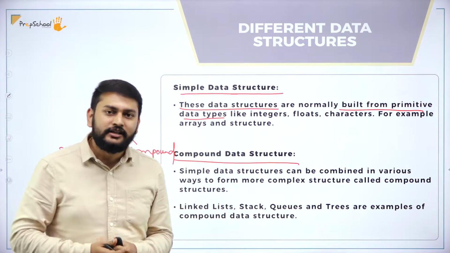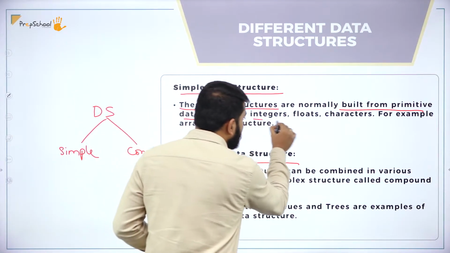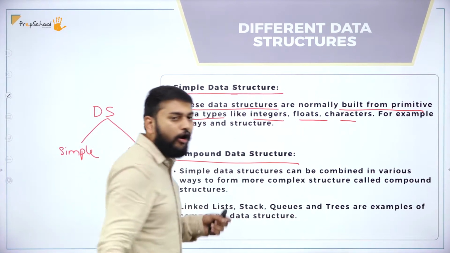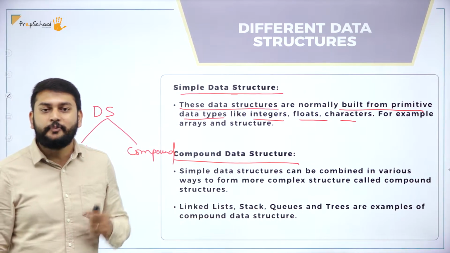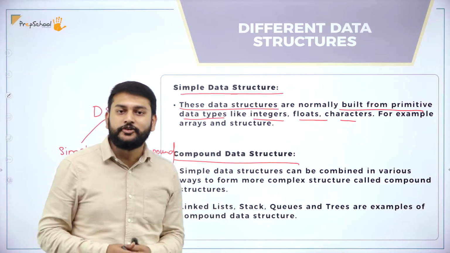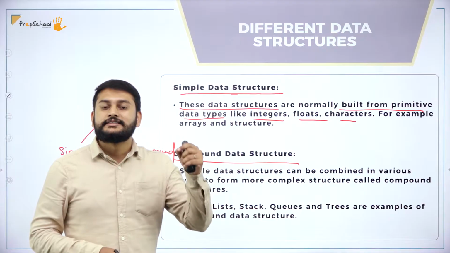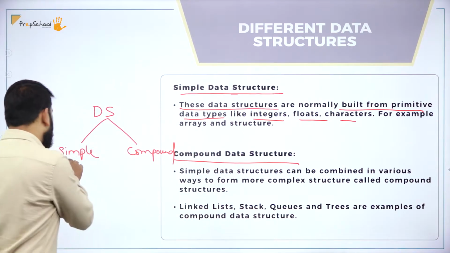What exactly are the fundamental data types? So, yes, I have integer, floats, characters. All these things I will be calling a primitive data type. If I am forming a data structure with the help of primitive data types, then I will be calling it a simple data structure. That is the first one that I have.